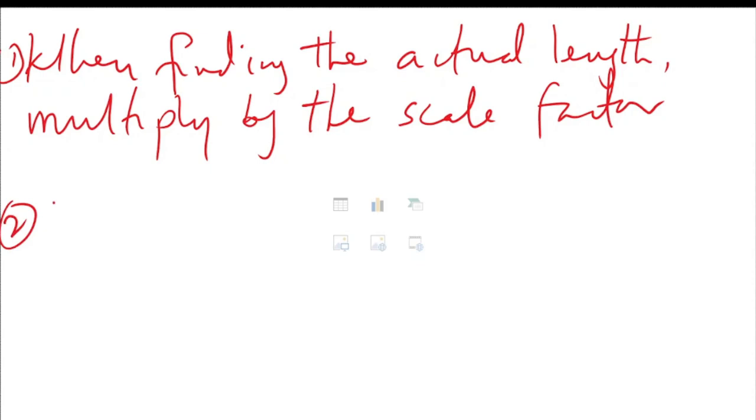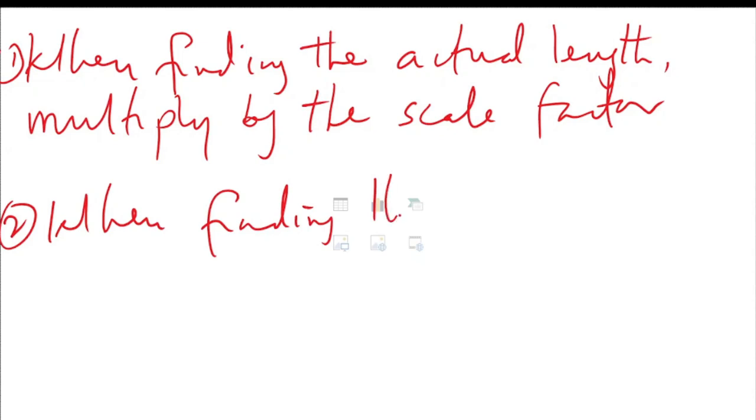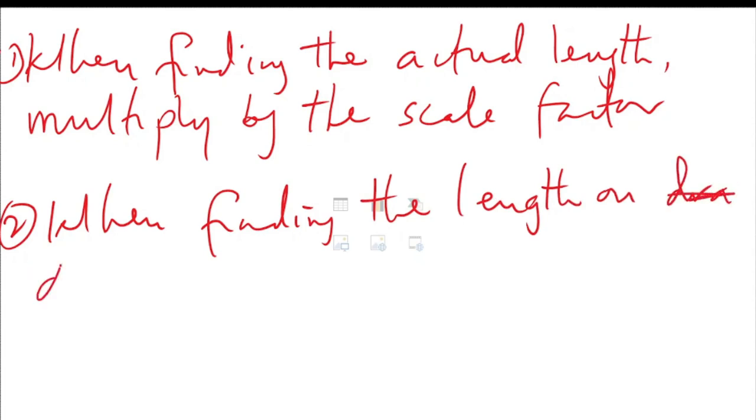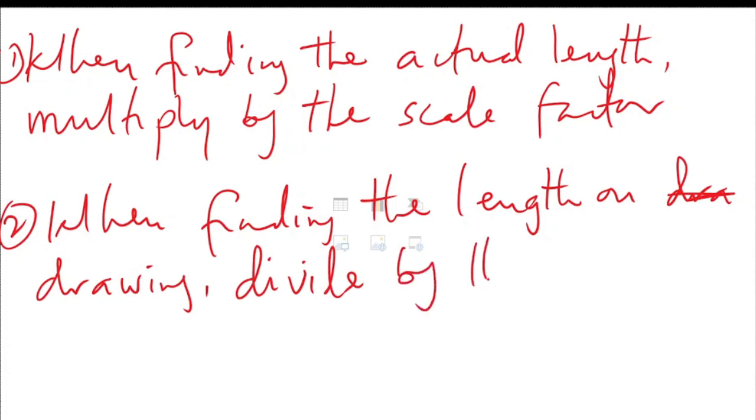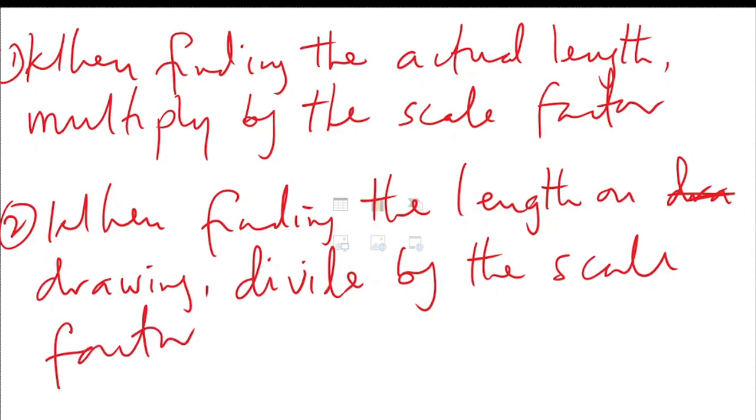Point number two, when finding the length on drawing, divide by the scale factor. So that is the shortcut to it. Once you're able to know this, it will help you a lot when you see questions. So that is that on the scale drawing.